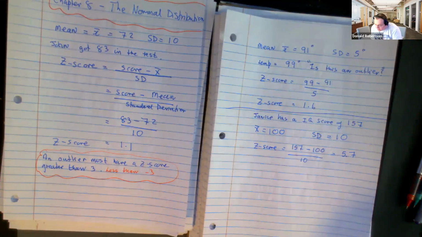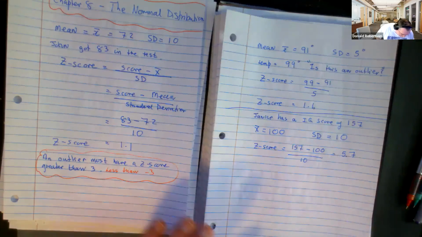Well, it's more than 3 standard deviations away, which already puts her in the top 0.5%. She's probably a 1 in a million, right? Like 300 Americans have probably got that kind of IQ score. That's how exceptional that would be.